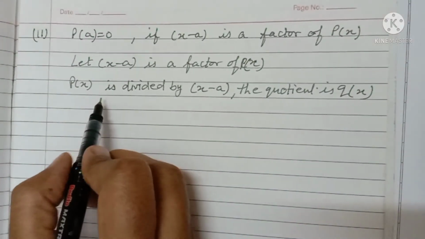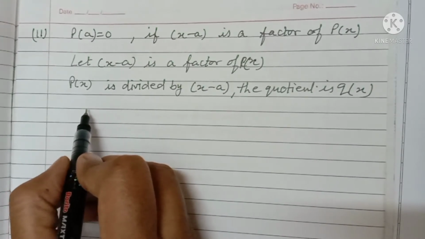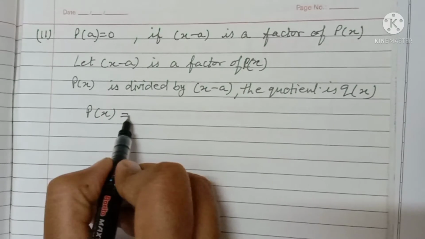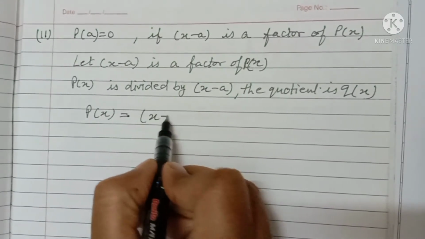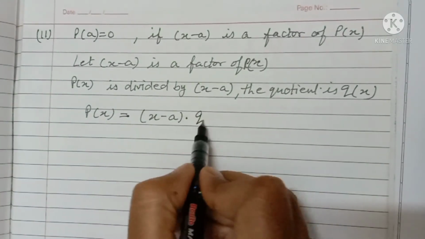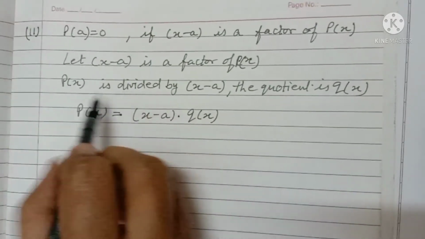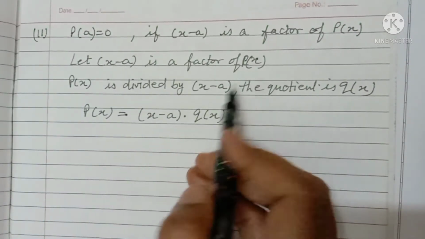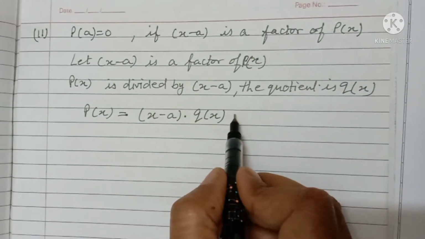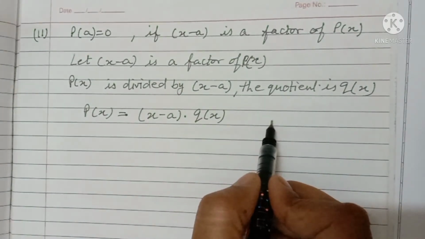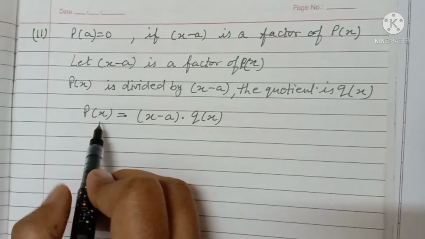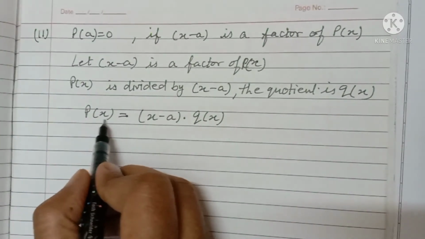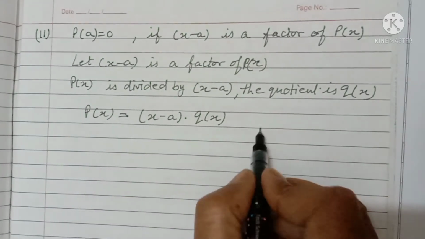So you can write p(x) is equal to (x minus a) into q(x), because we have already supposed that x minus a is a factor. In this case there is no need to write a remainder, and now we have to show p(a) is equal to 0. So substitute x is equal to a.